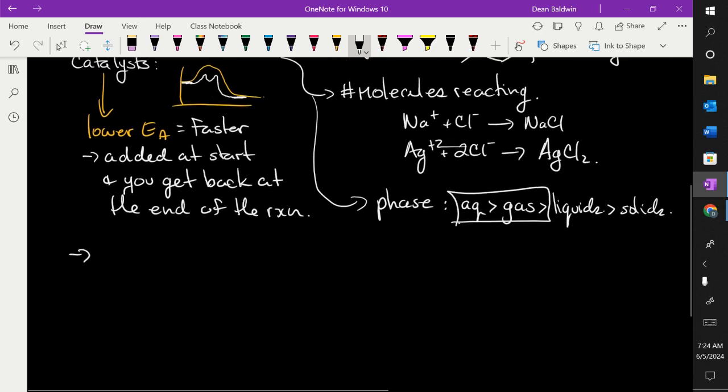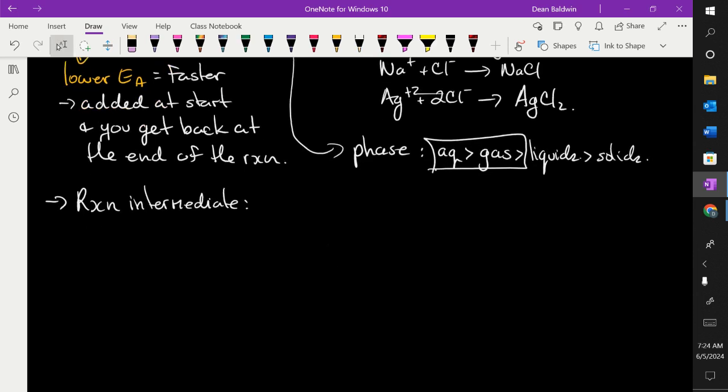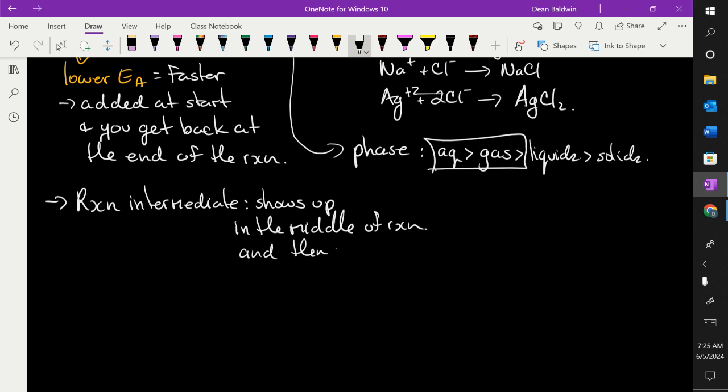Whereas a reaction intermediate, if you remember, a reaction intermediate shows up in the middle of the reaction and then disappears and then is used up in a following step or consumed in a following step.